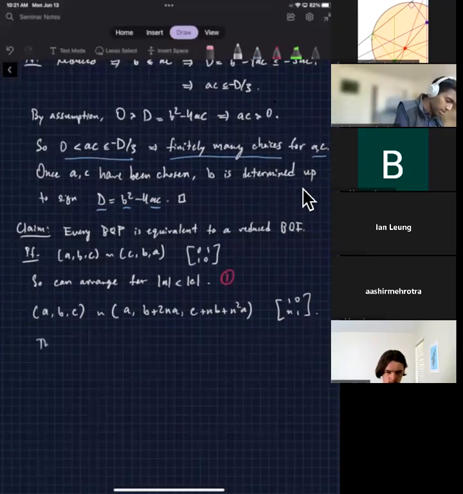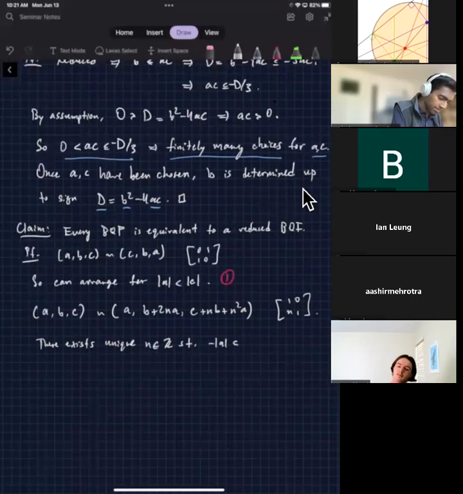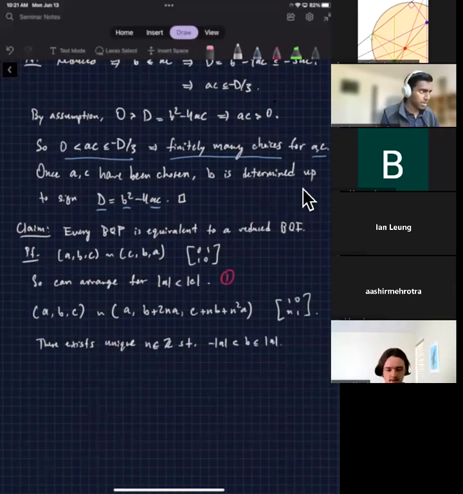Now, there exists a unique integer N such that B lies between minus the absolute value of A and the absolute value of A. So by choosing the integer N appropriately, we can always arrange for B to lie in this range. I'll call this move number 2.